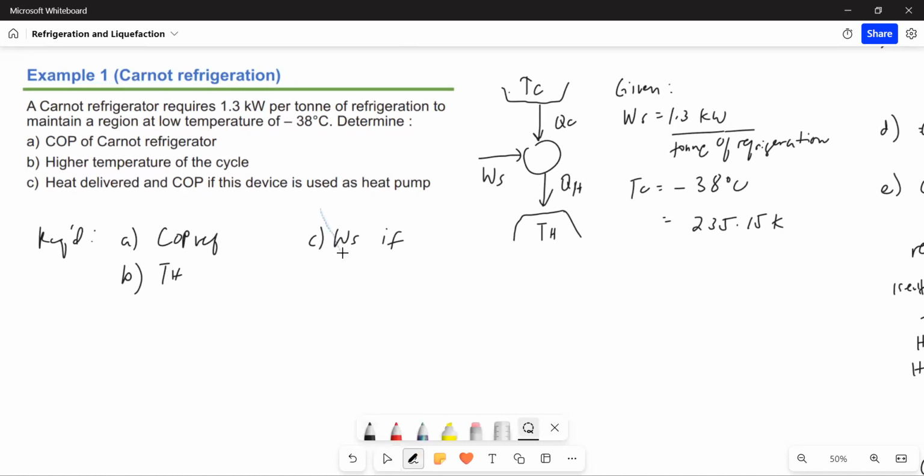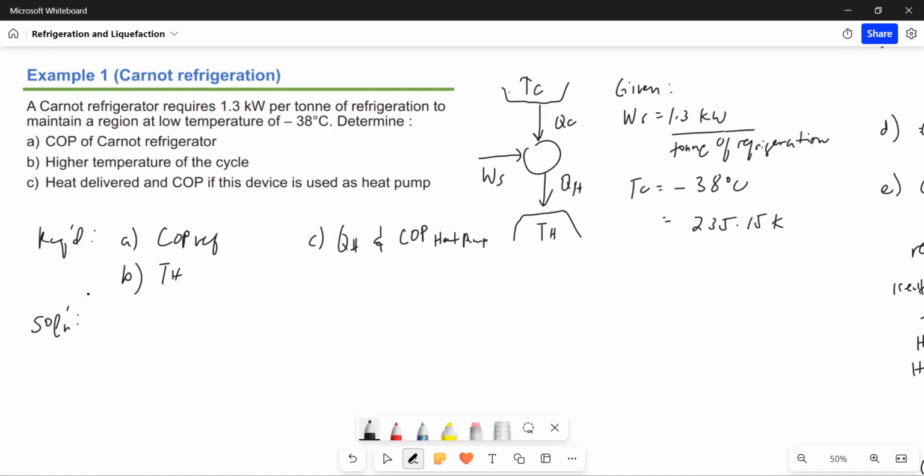Let's correct this to QH and COP if heat pump.